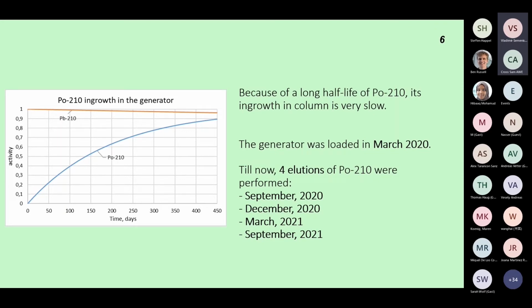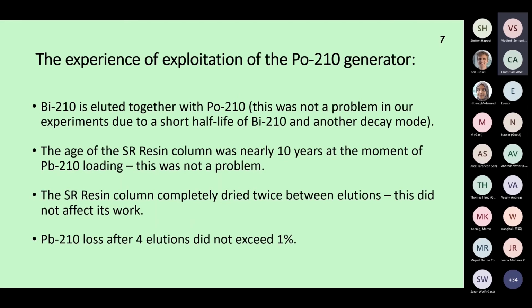In our luck, it was nearly 1 week before the lockdown. Very good luck. At present, we have performed 4 elutions of polonium from this generator. Here you can see the dates: September of last year, December of last year, and this March and this September. The next slide, please.